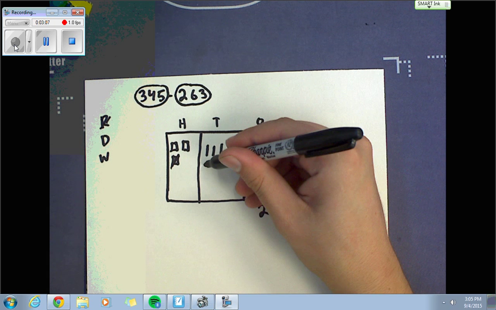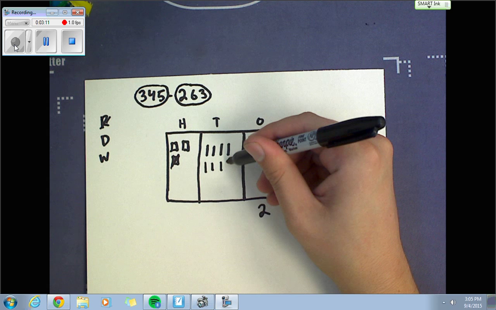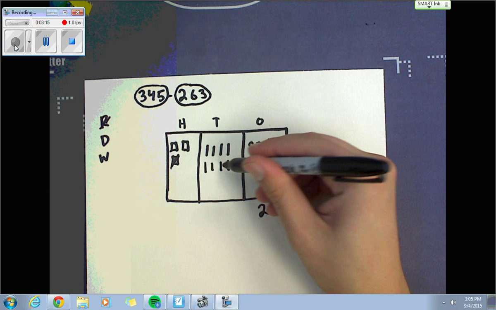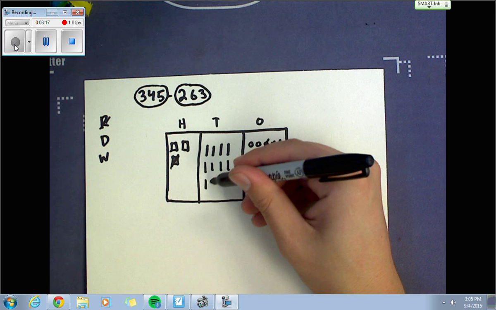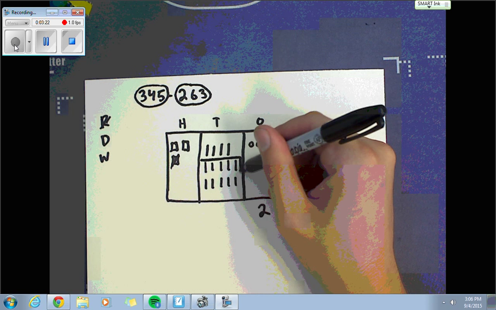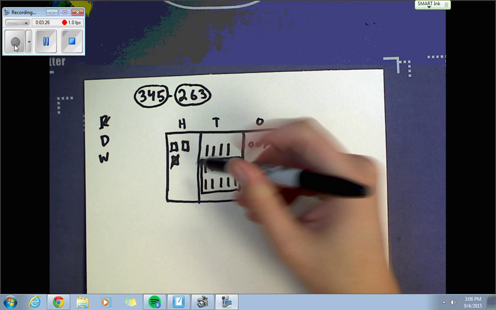I'm going to draw 10 more tens in my tens part here to show that borrowing and regrouping process. So 1, 2, 3, 4, 5, 6, 7, 8, 9, 10. These tens here come from that 100 that I borrowed on the other side.